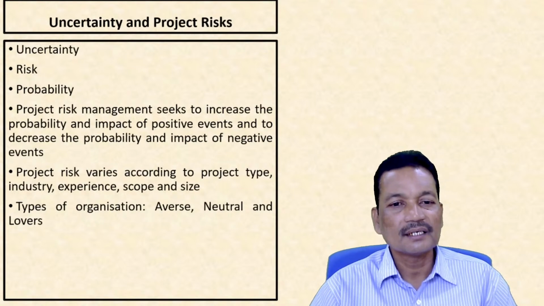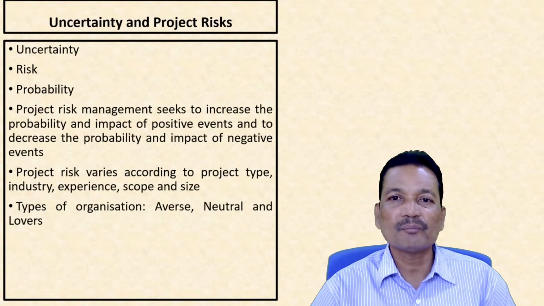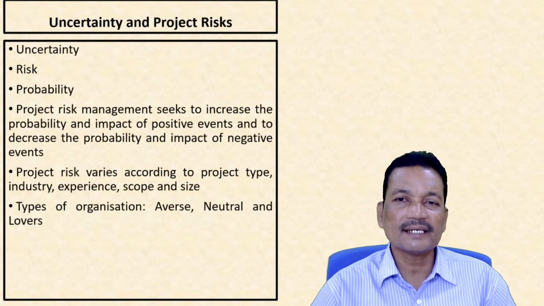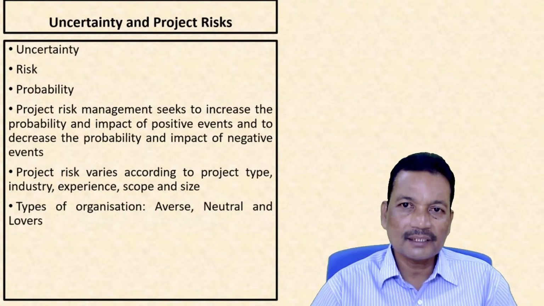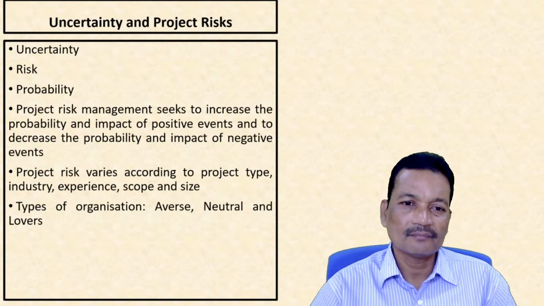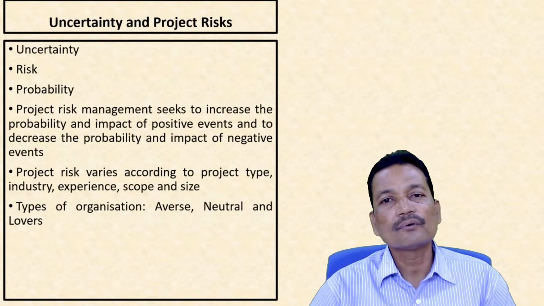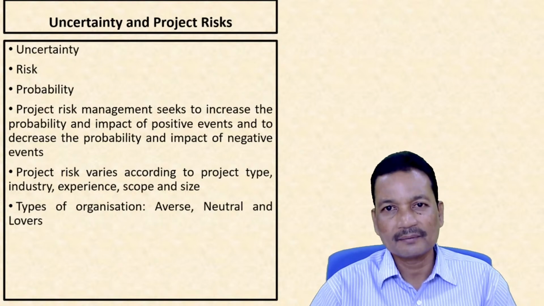Next is industry. Now we know that industries differ from each other. We cannot say that the iron and steel industry is the same as the electronic goods industry. Suppose I take the risk of technological development.